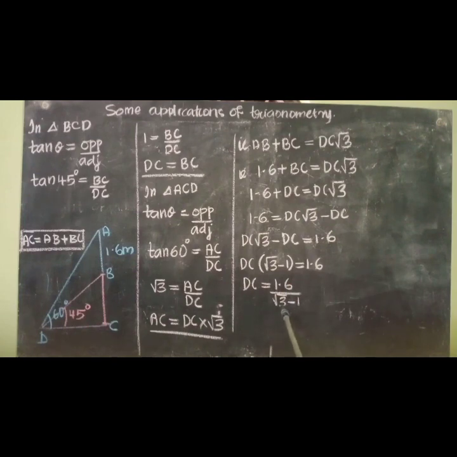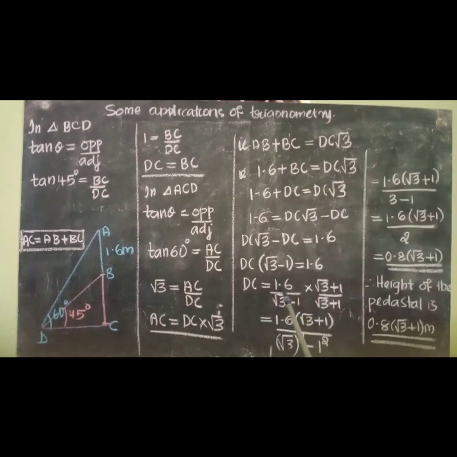How can we rationalize it? Here the denominator is root 3 minus 1. So we need to multiply it with root 3 plus 1 by root 3 plus 1. So we get 1.6 by root 3 minus 1 into root 3 plus 1 divided by root 3 plus 1.